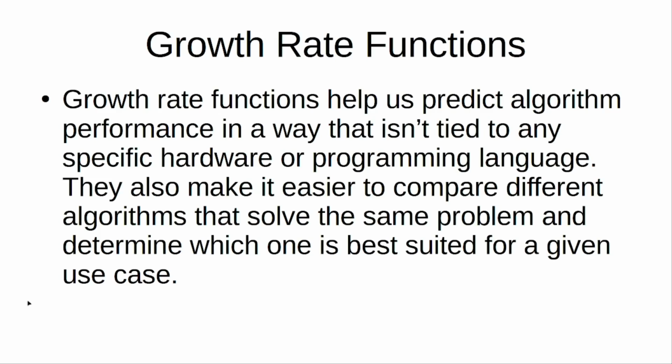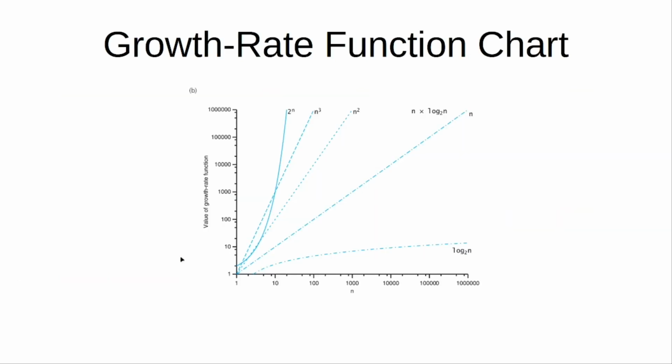And then here I have a chart of some of the common growth rate functions. The x-axis n represents the size of the input, and the y-axis represents the value of the growth rate function at that input. Growth rate functions increase as input increases, but how they grow is different with every function.